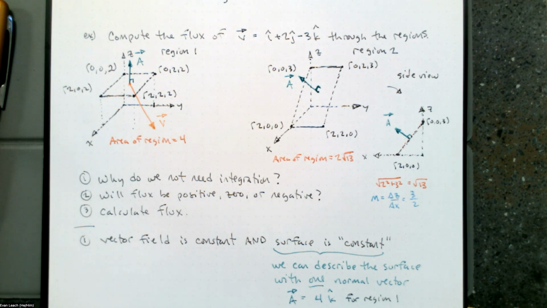The important part is the -3k is going the opposite direction of the +4k from the surface. So they're going in opposite directions, and we expect the flux to be negative.